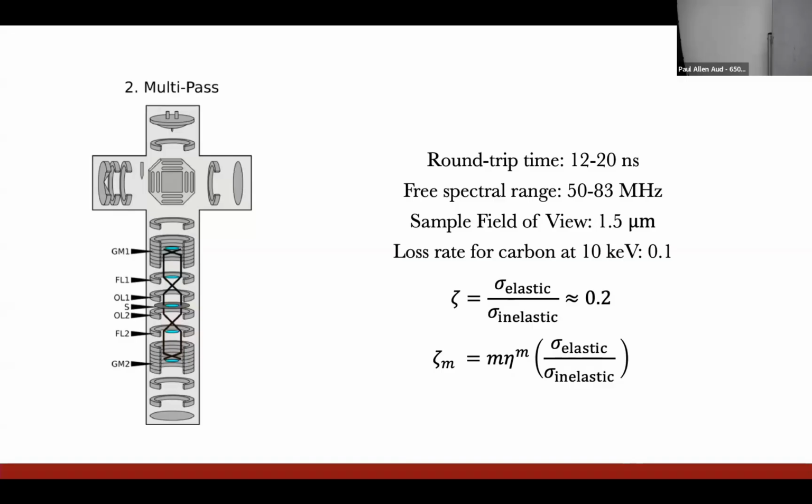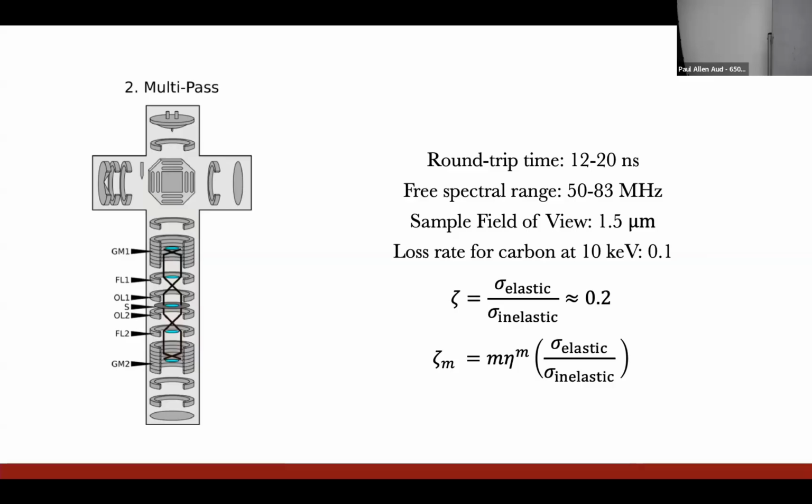And this is about 0.2 for these 10 keV electrons interacting with carbon, right? But it's about this value, 0.1 to 0.25 or so, over the range of electron energies from below a keV over hundreds of kilo electron volts, right? So this is pretty low, right? It means on average, I do damage 5 times to my sample before I get any information, right?